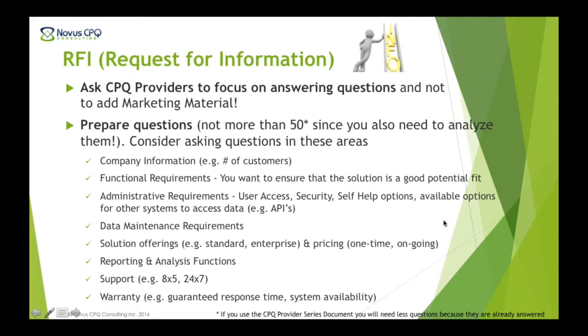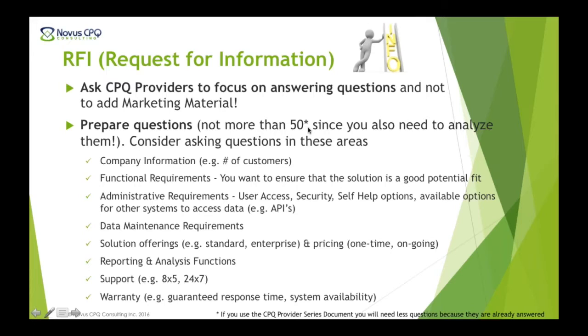What you want to do with them is you want to ask them for some additional information. So you start this request for information process. What you want to do is you want to ask them a number of questions to make sure this provider would be a potential fit for you, and you don't want to ask more than, let's say, at most 50 questions. And this number is a little bit arbitrary.